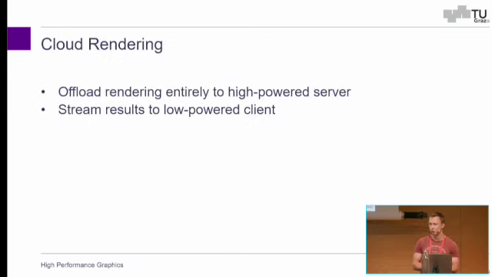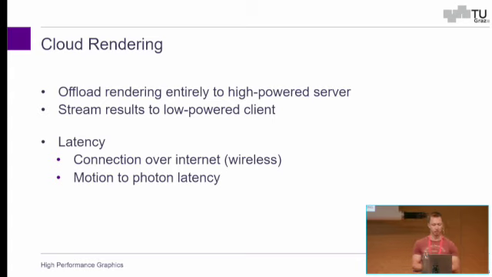One obvious solution for this is cloud rendering, where we simply offload the rendering entirely to a high-powered server and then stream the results to the client, which simply shows the images. However, this needs low latency to work well, because the motion-to-photon latency can become quite bad if you have high latency, and the movement of the head is then too delayed, which can lead to really bad perception.